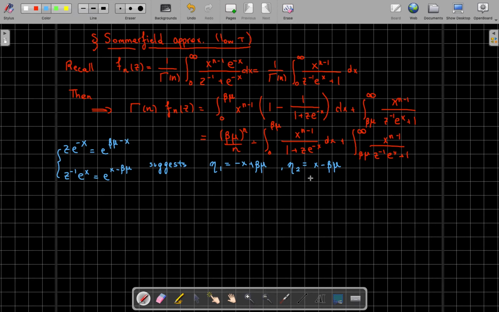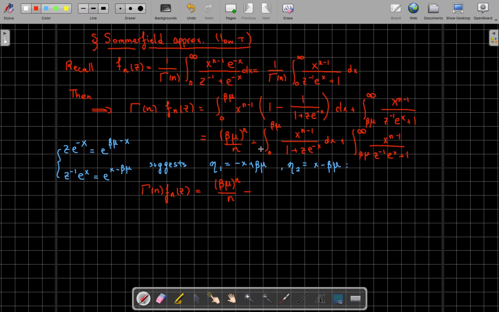Okay, and if we do this, well, what do we find? We get that gamma of n times f_n of z is equal to beta mu to the n over n, which remains the same. Now this first integral, we use the first variable, eta 1.